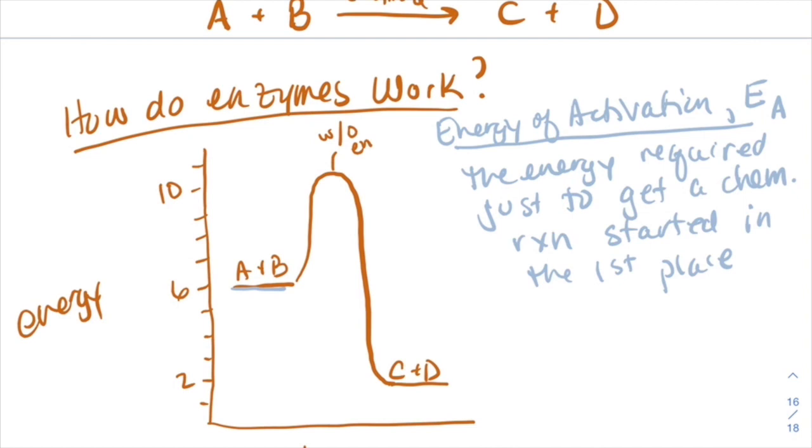So this is without an enzyme. Things are going to look a little different with an enzyme present. When there is an enzyme present, this graph is going to look like this. Like that. This is with an enzyme.